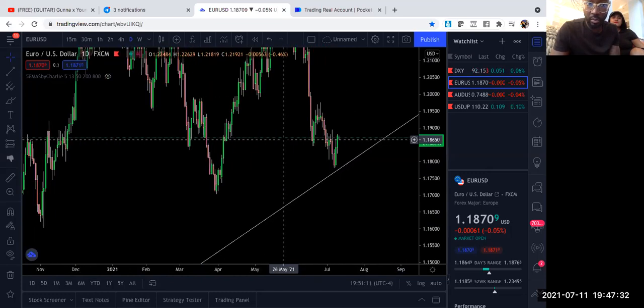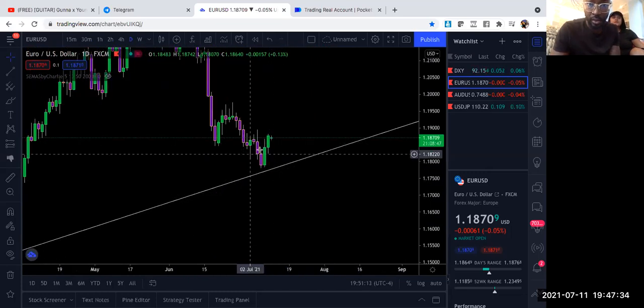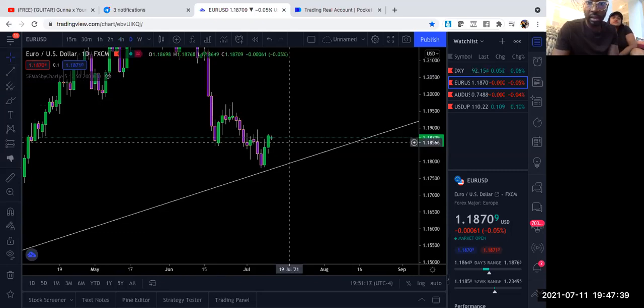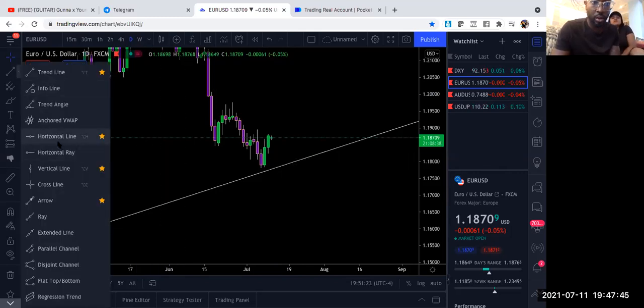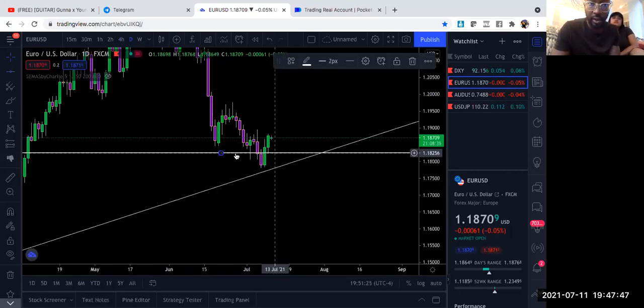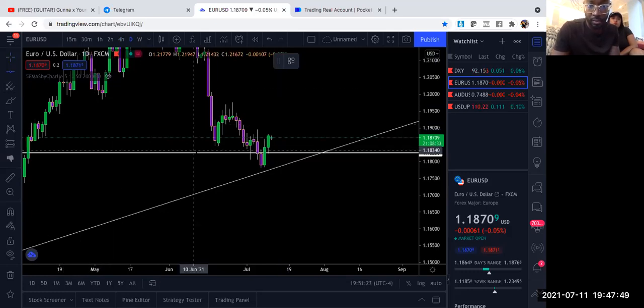All right, cool. So boom. This gets me excited looking at this engulfing candle on a daily and looking at how that just took place on Thursday. So I would put a horizontal line right there. I would box that up.